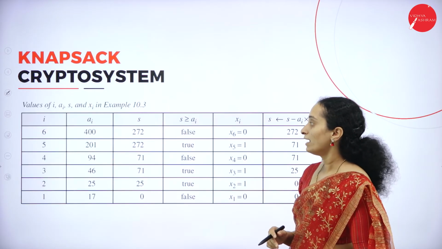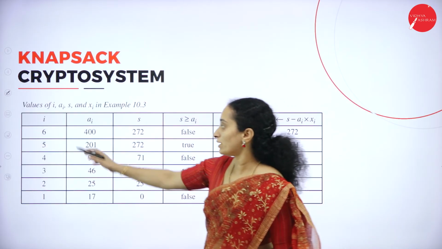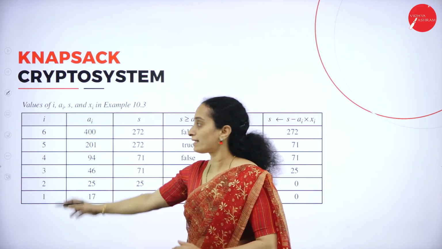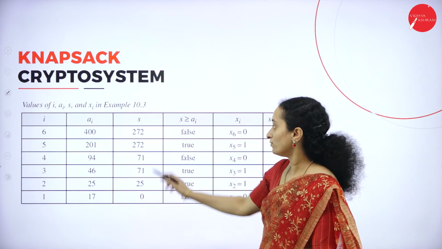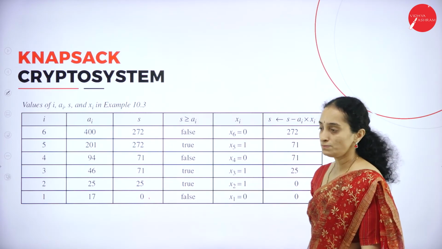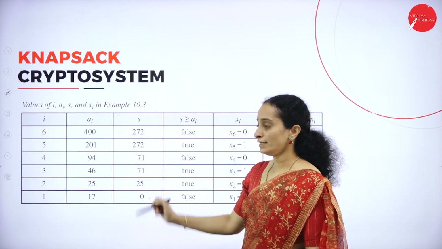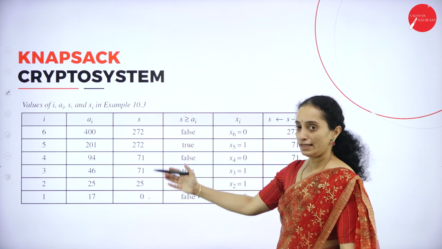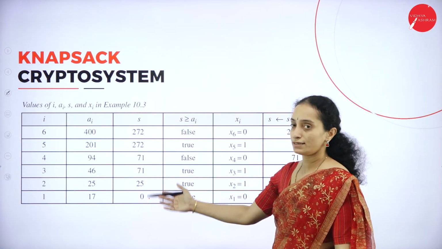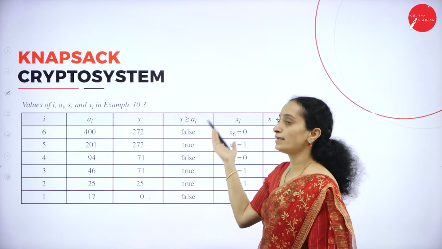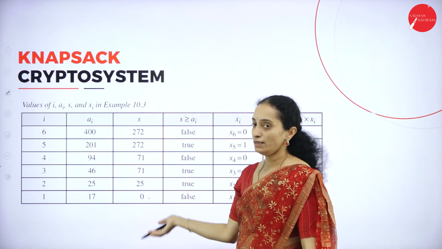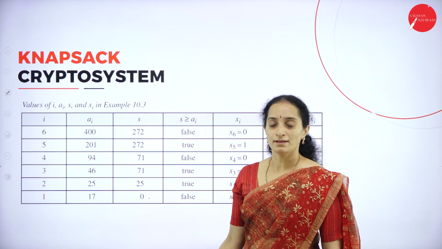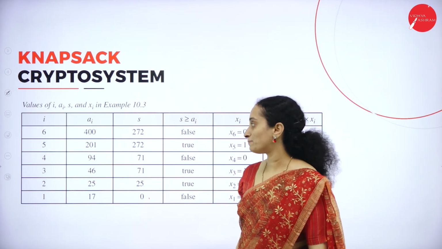So here we have a table which gives you the i values. It will be in decrementing order, 6 to 1. We will have the ai value and the S value decreasing. It was a super increasing tuple in the knapsack sum; it will be a super decreasing tuple in the case of the inverse knapsack sum.